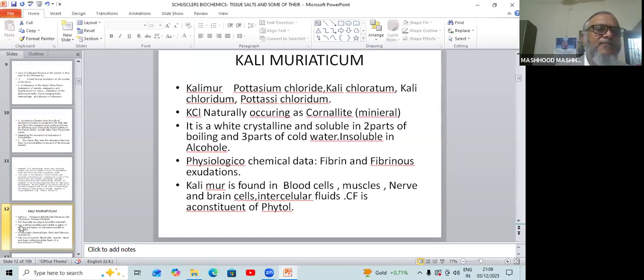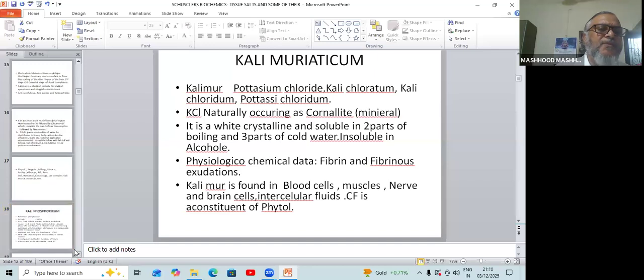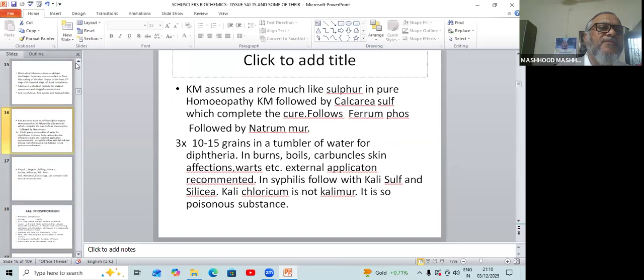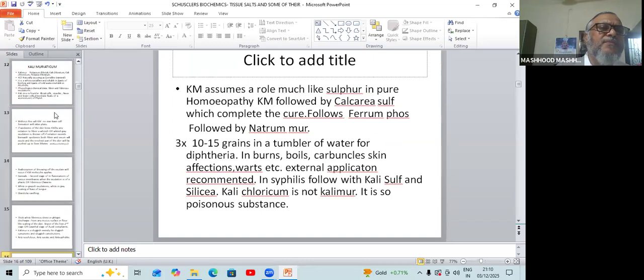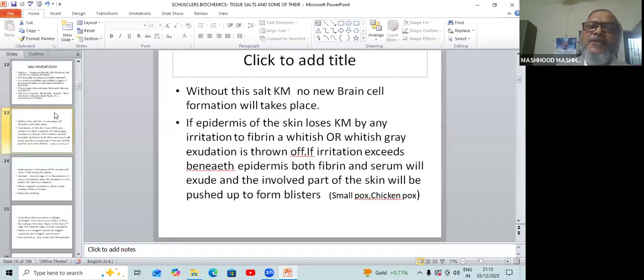Without this salt, kali mur, no new brain cell formation will take place. This potassium is a very important element which is also very reactive. Brain cell formation needs it.